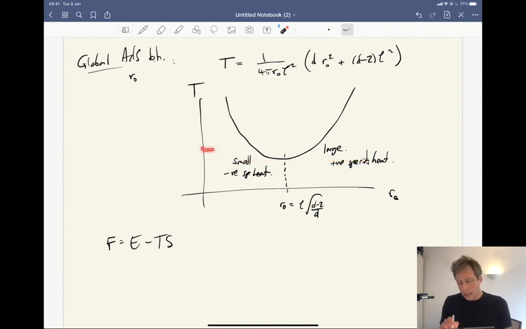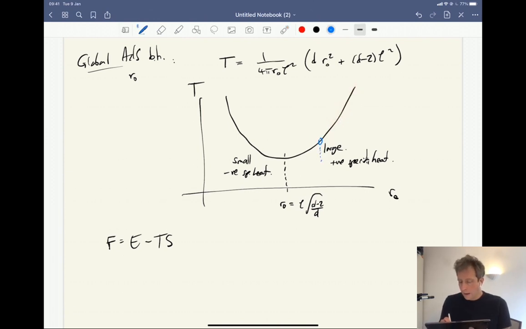In fact, it still dominates over these black holes for a little higher temperature, but at some point, this phase dominates at higher temperature. It's exactly, I think, at R0 equals L, where this is the dominant phase. So for this temperature range, these large black holes dominate.